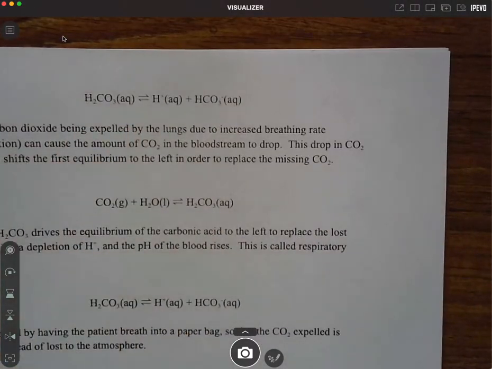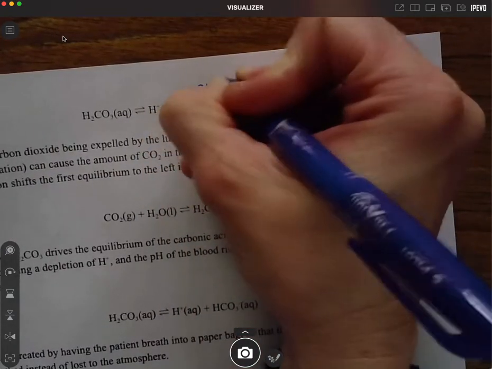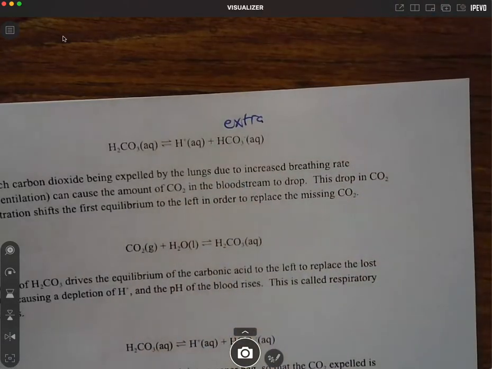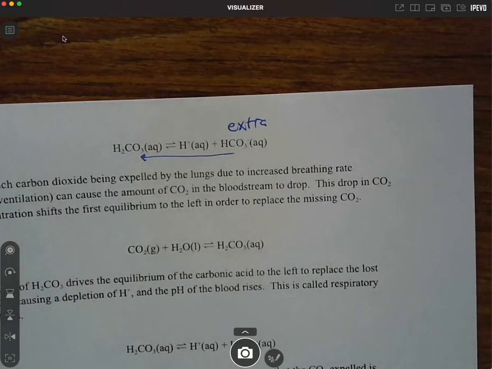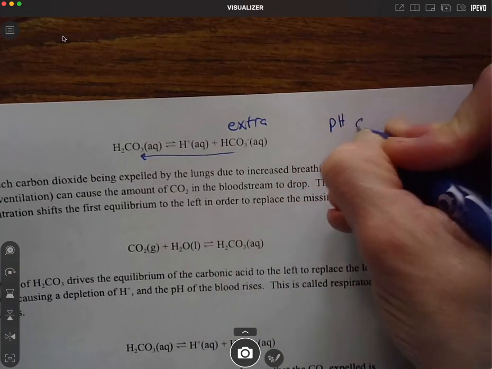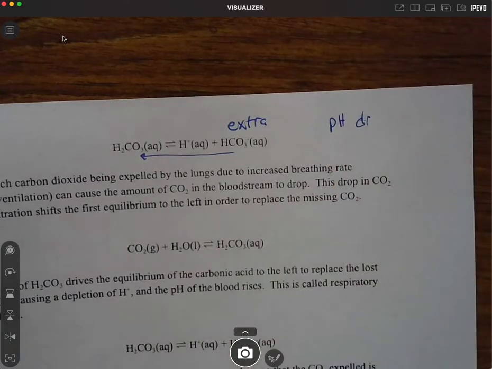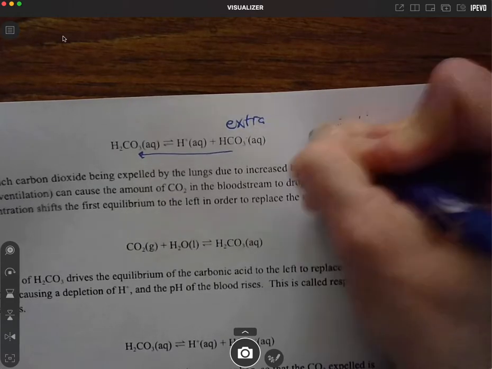And that little equation was supposed to be on the previous page. So this was supposed to show, if we have extra HCO3, we can shove this back the other direction, and pH rises back to normal. So I guess we should do it in 2 steps.